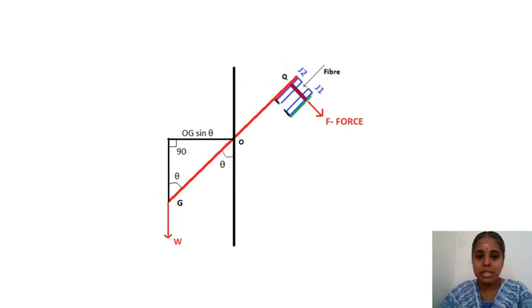So there is a moment on the left hand side and a moment on the right hand side. That is the clockwise moment, and on the left hand side, it is the anti-clockwise moment. In this right angle triangle, this distance is OG sine theta, found from this right angle triangle.